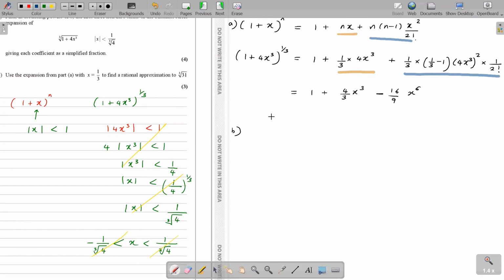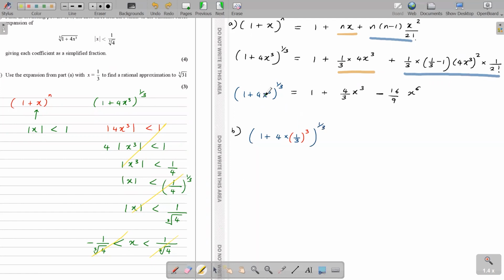Okay, so we will use x as 1 over 3. I have 1 plus 4x cubed, to the power 1 over 3. I'm supposed to replace my x with 1 over 3: 1 over 3 to the power 3, and then the whole thing to the power 1 over 3. Do you realize what's happening here?